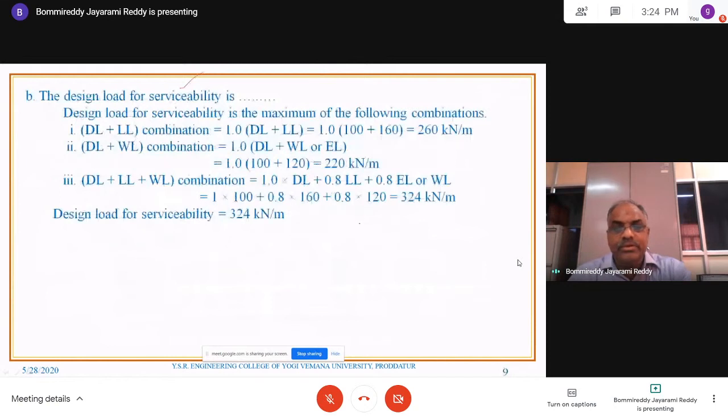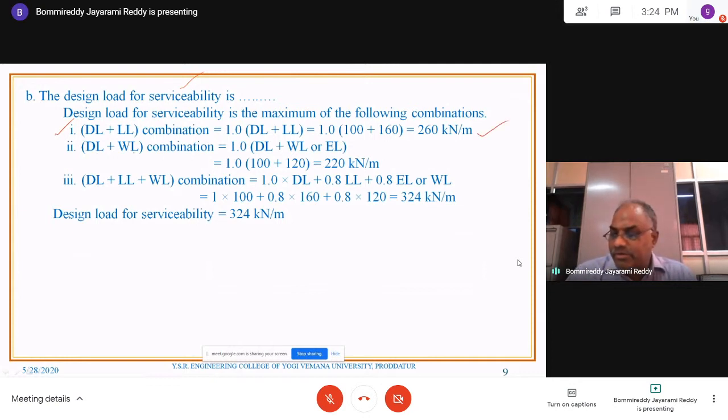Now look at this. Design load for serviceability is the maximum of the following combinations. Combinations are the same. The first combination is dead load and live load, and the factor is 1. So 1 into 100 plus 160, 260. That is one combination.